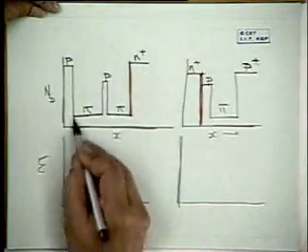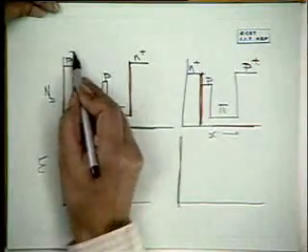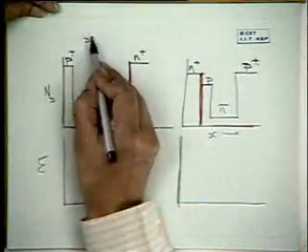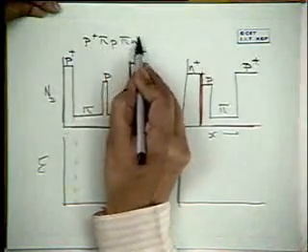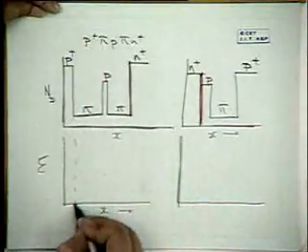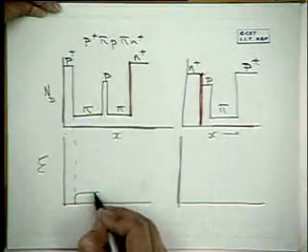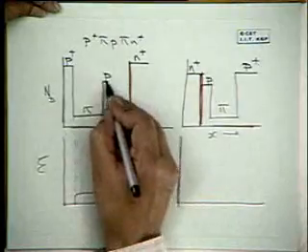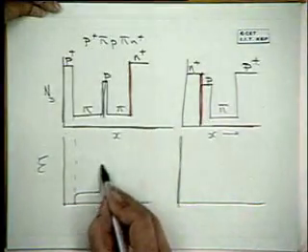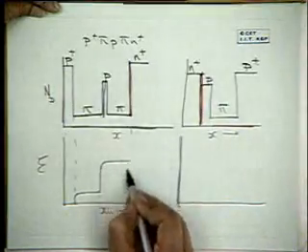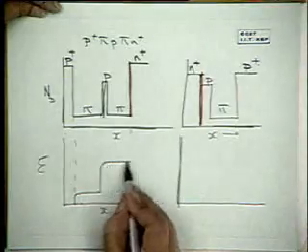Say this is P plus, this is the P plus pi P pi N plus structure. There's no field here. The field builds up to this region, and this is a very narrow structure, and it builds up here. So you have a constant electric field in that region.